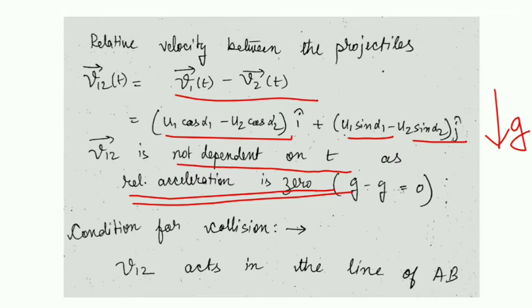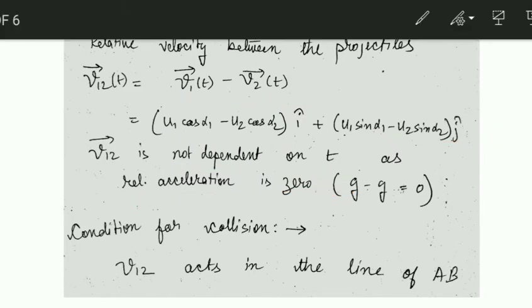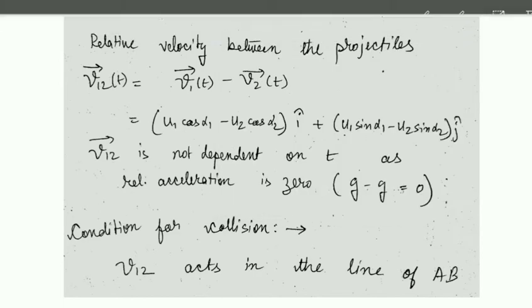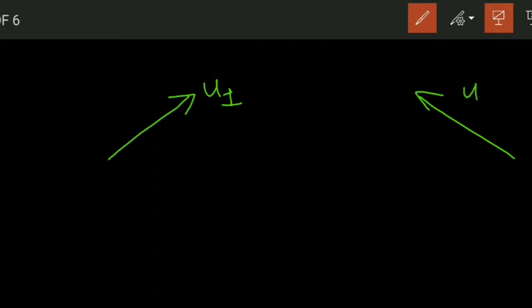Now let me show you how to find the relative velocity in vector form. Suppose we have u1 vector and we have u2 vector.